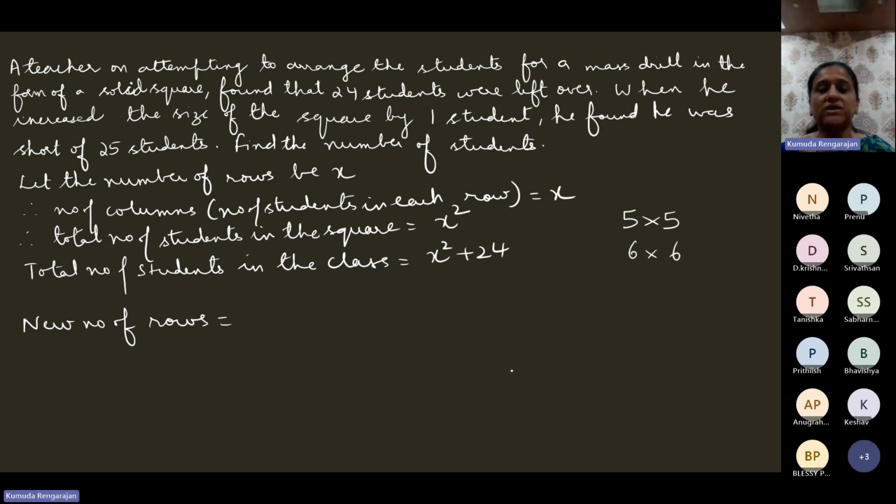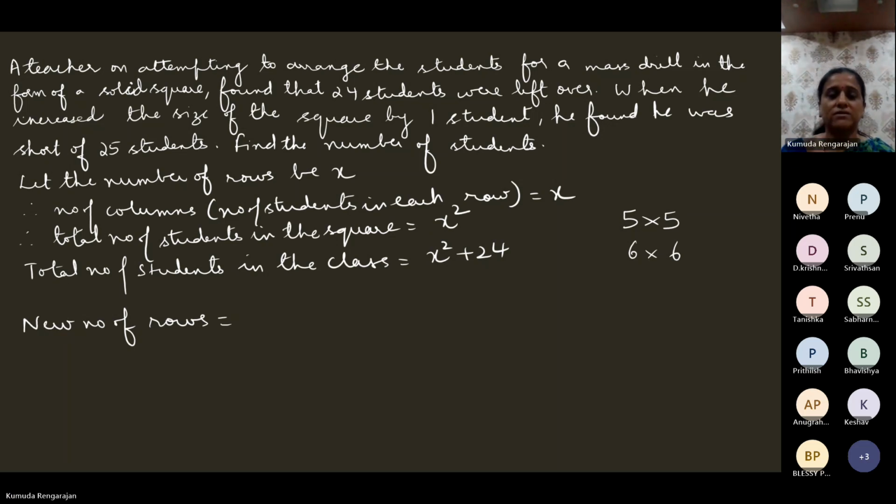So he's increasing the number of columns and rows by 1. If earlier he had 5 rows and 5 columns, now he's making 6 rows and 6 columns. So number of rows, x plus 1. Number of columns, x plus 1.